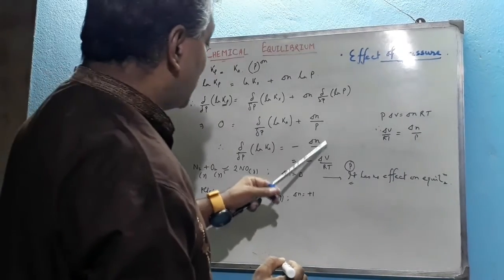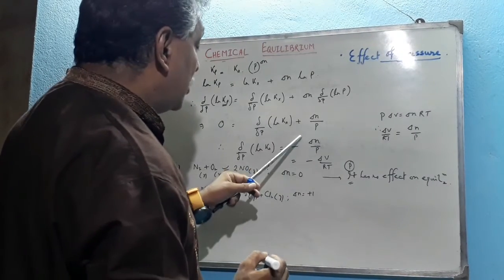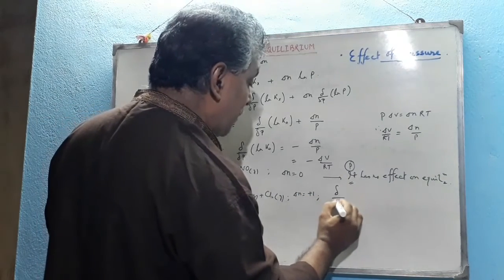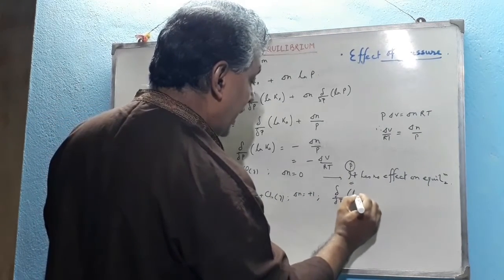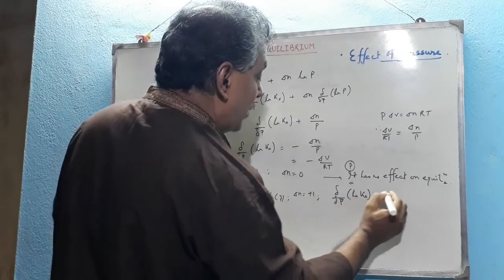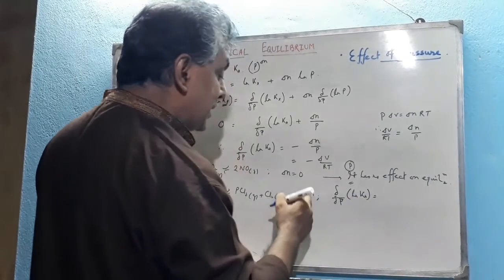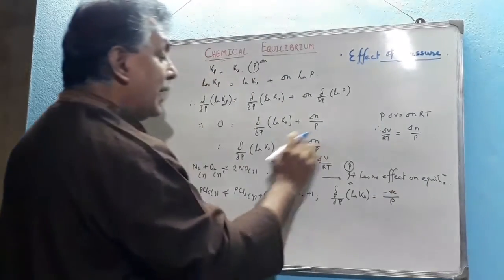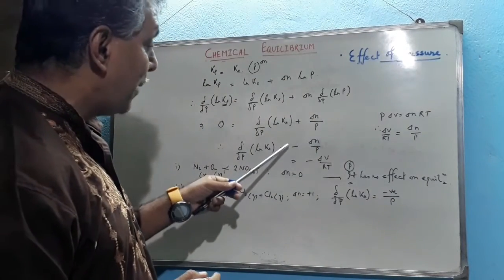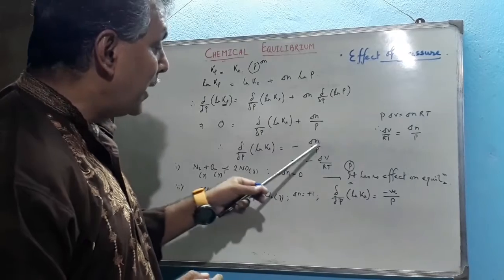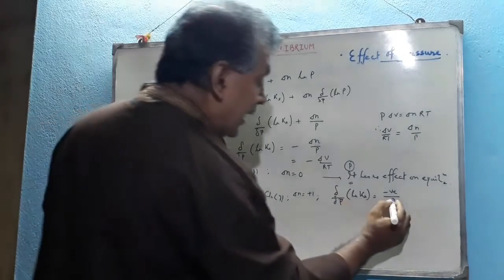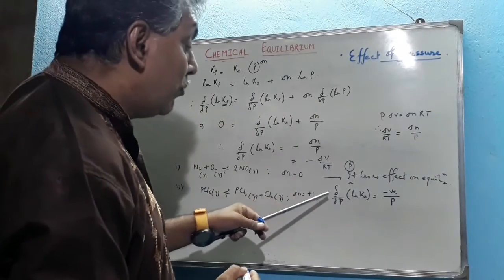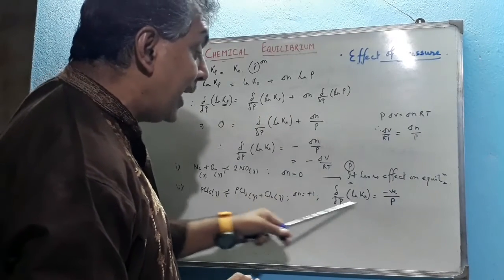So for this purpose, ∂/∂P of ln Kx equal to minus Δn divided by capital P. Since Δn is positive, it is multiplied by a minus sign, so it becomes negative. That means with the increase of the pressure, forward reaction increases.